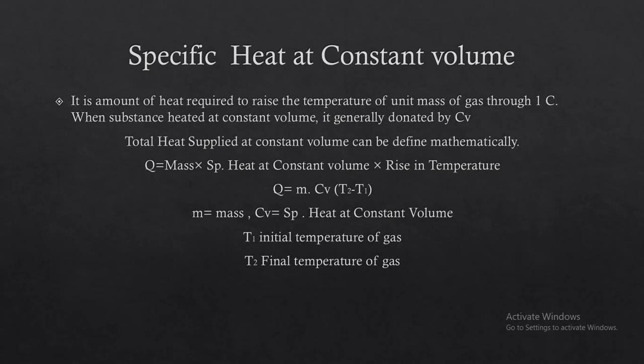It is the amount of heat required to raise the temperature of a unit mass of gas by 1 Celsius when the substance is heated at constant volume. It is generally denoted by Cv. The total heat supplied at constant volume can be defined mathematically as Q equals m Cv (T2 minus T1). Here m is the mass and Cv is the specific heat at constant volume.